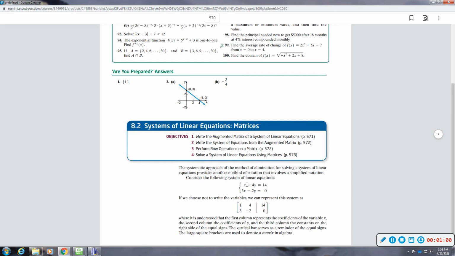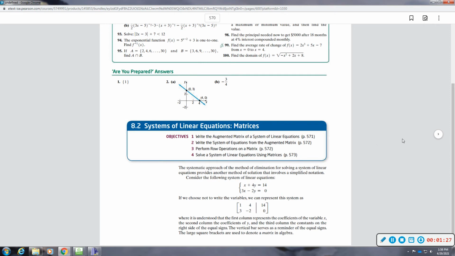In front of this x is understood to be a 1, and that's why there is a 1 here. In front of the y is a 4, and that's why we have 4. And then on the other side of the equal sign, represented by this vertical bar, is 14. And then the bottom equation, we have 3 and negative 2, so they represent that with a negative 2, and then 0.